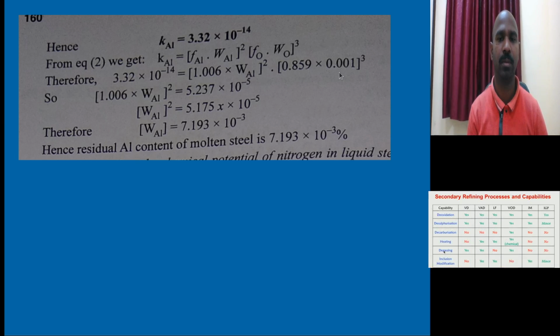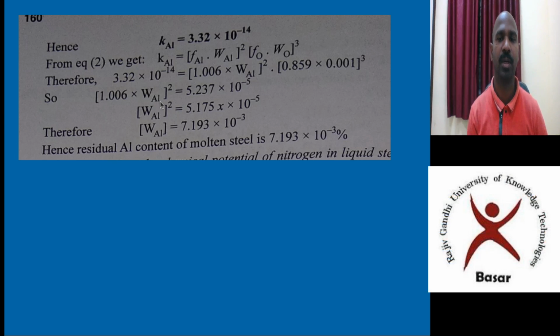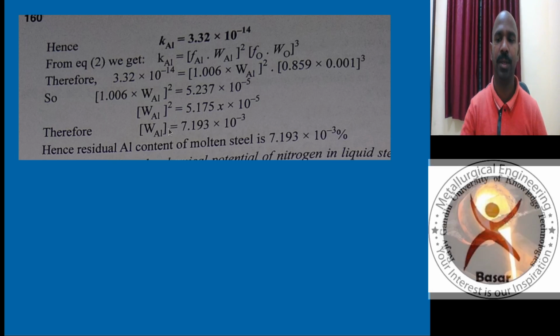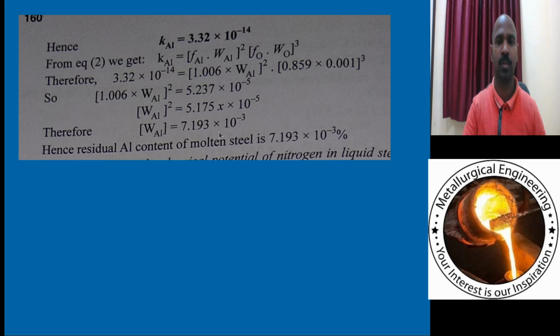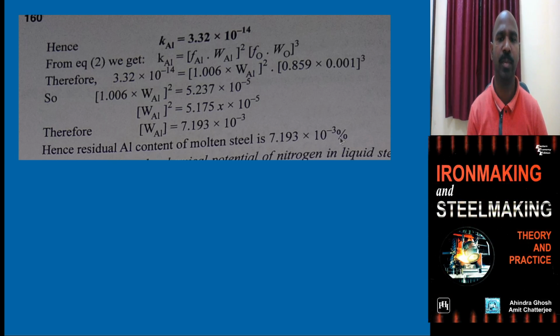Now everything is known; the only unknown is the weight percentage of aluminium. This can be rewritten and simplified, and you can remove the square. Finally, the residual aluminium content is 7.193 into 10 to the power minus 3 weight percentage.